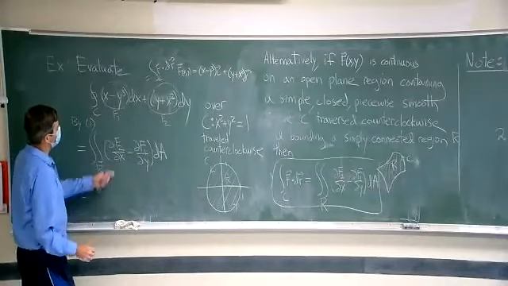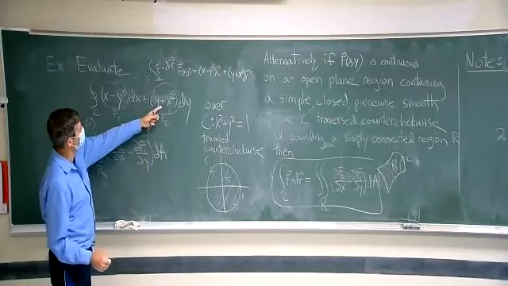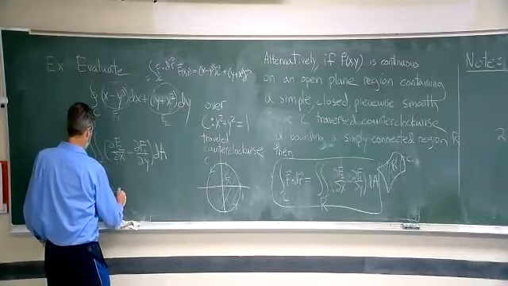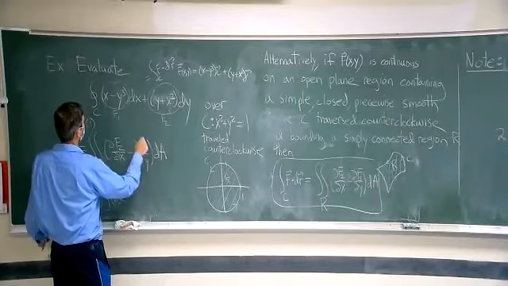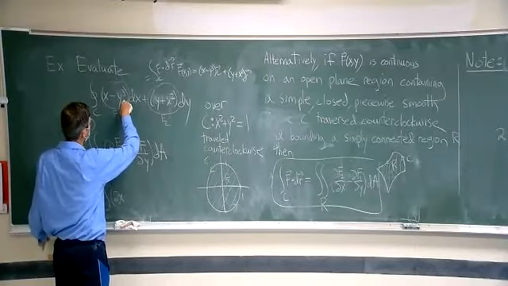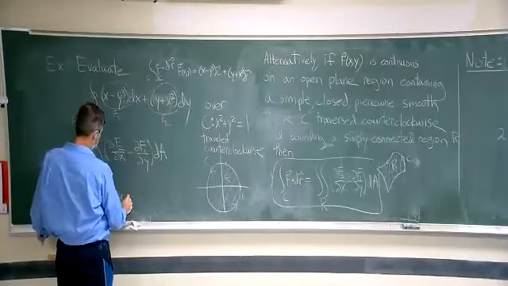Well, what's f1 and f2? f1 is what multiplies dx, f2 is what multiplies dy. So df2 dx is 2x. df1 dy is minus 3y squared.